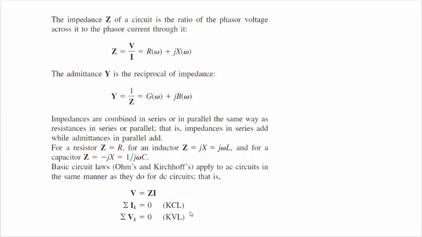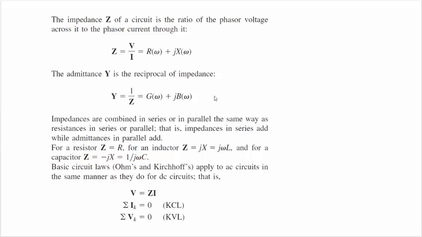And you can sum the currents up with Kirchhoff's current law and sum the voltages up with Kirchhoff's voltage law, just the same as you did in a DC circuit, except now all of our numbers are complex. So we have a complex resistance, which is called impedance, which is the real part plus a reactive part. And all of the units are in ohms. And it's basically a resistance that varies with frequency. And we express that in phasor notation when we express it in the frequency domain.